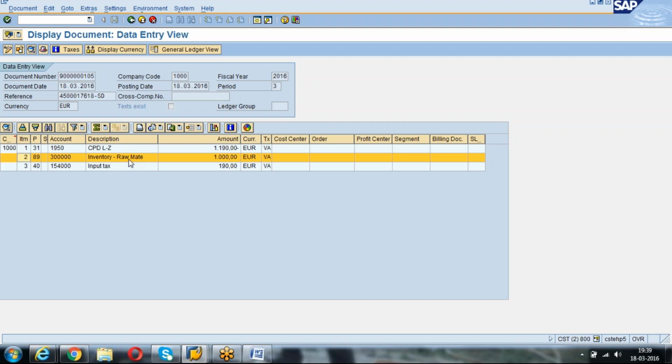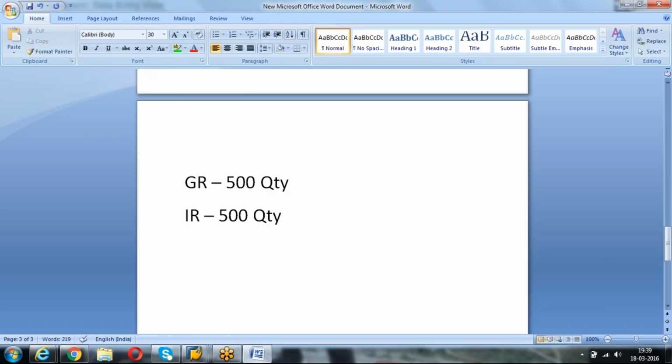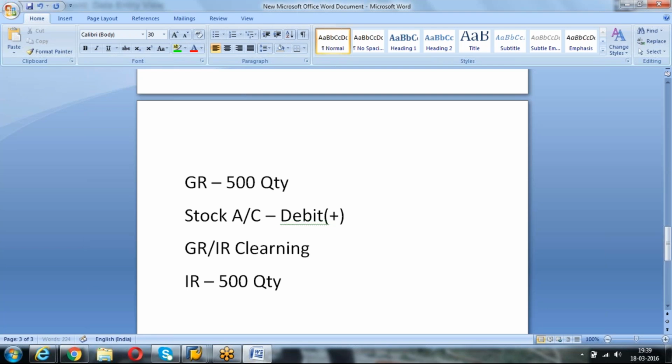Because I will tell you an example here. What happened in case of GR? Stock account debit. Debit means plus. Okay, GRIR clearing credit. Credit means minus.